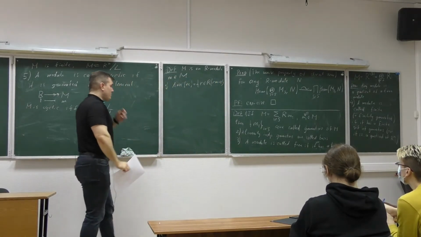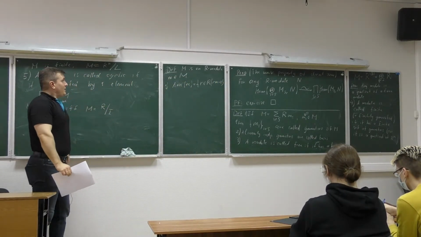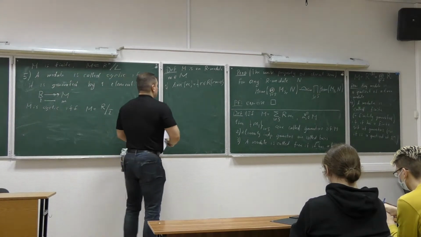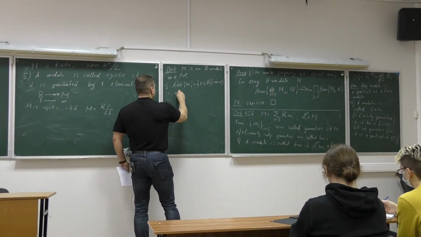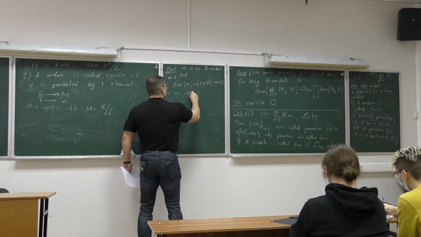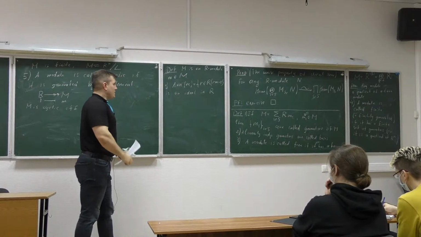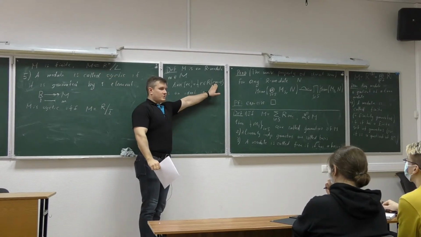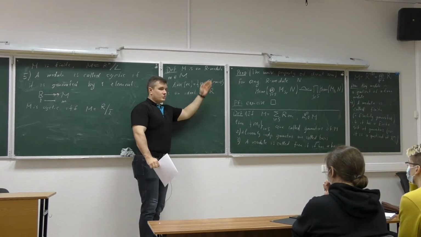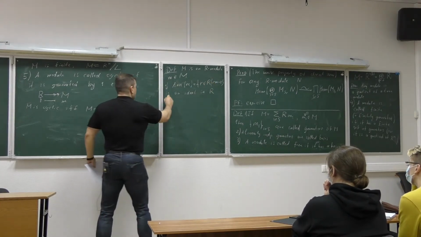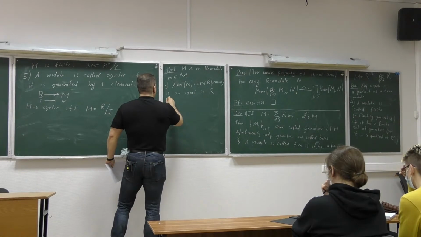So all the elements in the ring that send m to 0. Of course, this is an ideal, because clearly if you know this property for two elements, it is true for the sum. If you multiply this identity by an element in the ring, it's still true. So this is an ideal. This is the annihilator of only one element.